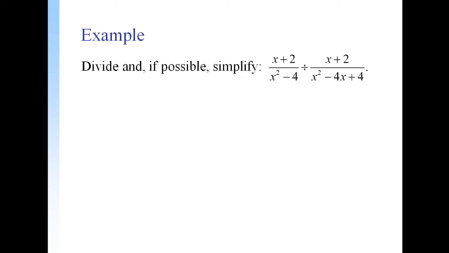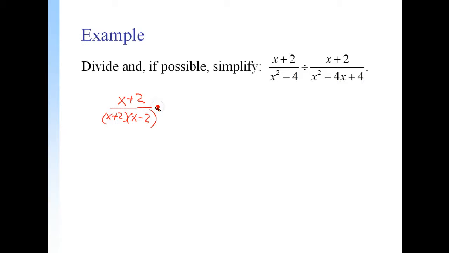Okay, now this one I'll do. I'll show you the whole process. So this is x plus 2 over, these are conjugates, so we'll factor that, x plus 2, x minus 2.